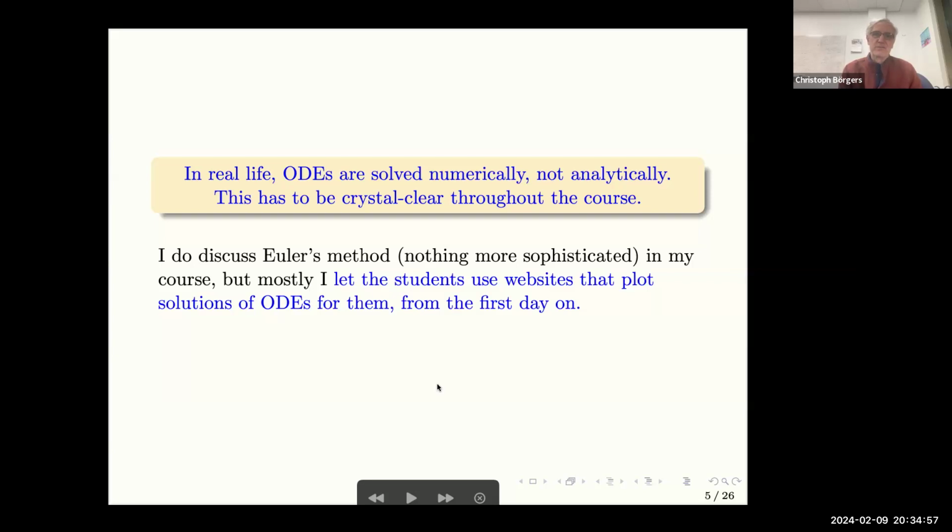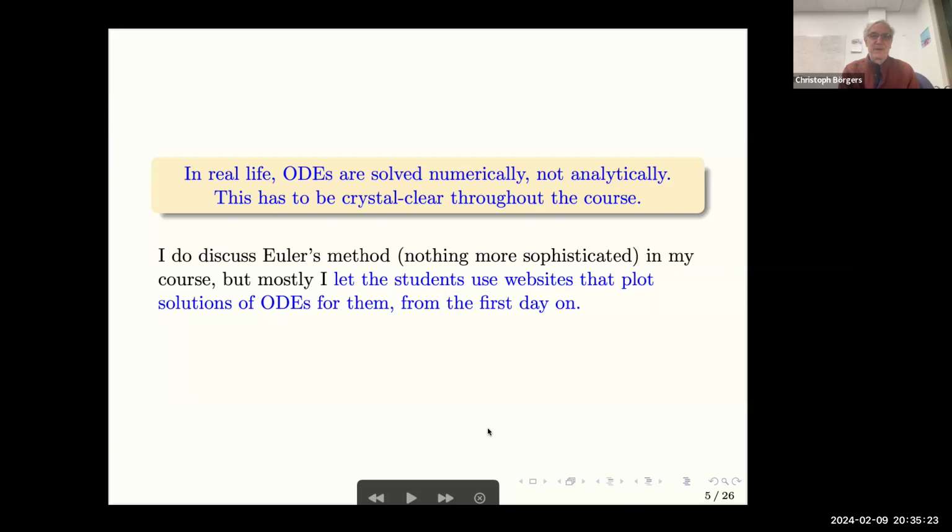And that also seems very important to me, and I have heard people do much more sophisticated things in that regard than I have been able to do so far. But I think it's very important for the students to be able to experiment and solve differential equations on their own graphically by just typing them into a website.